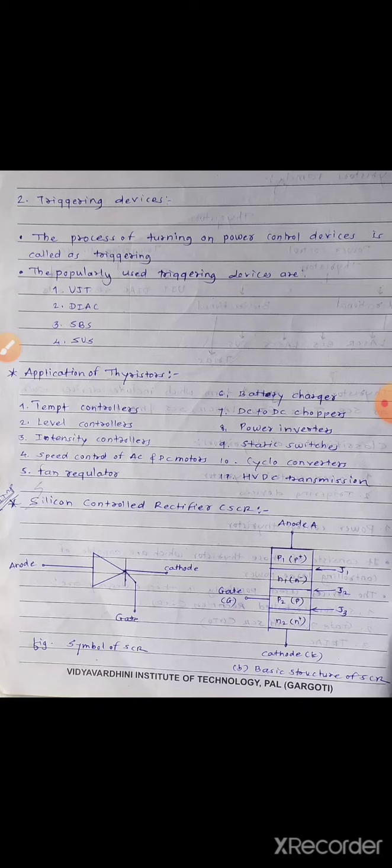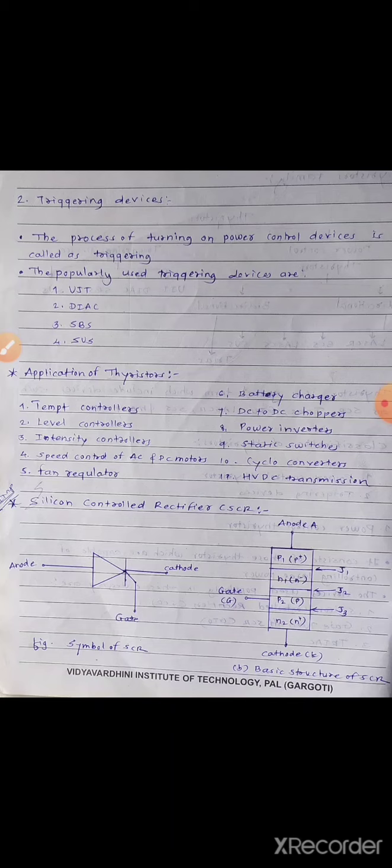Now looking at the basic structure of SCR, it has a 4 layer construction, 3 junctions and 3 terminals. SCR can be turned on using the control terminal gate, but once it turns on, the gate loses its control over the SCR.